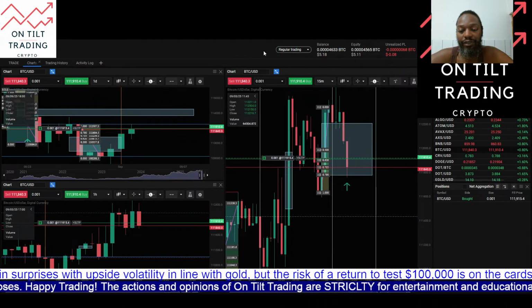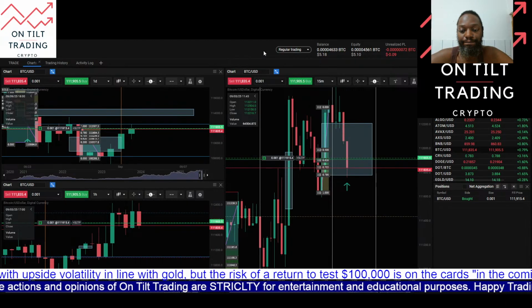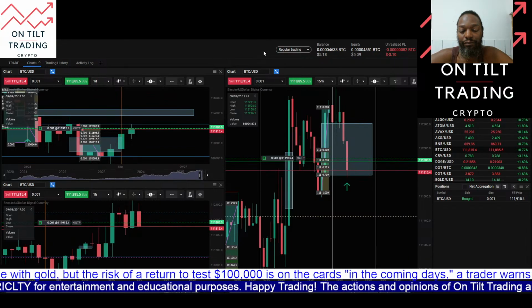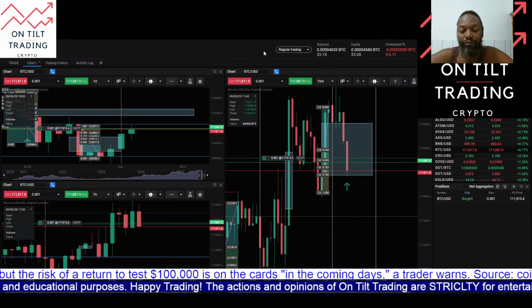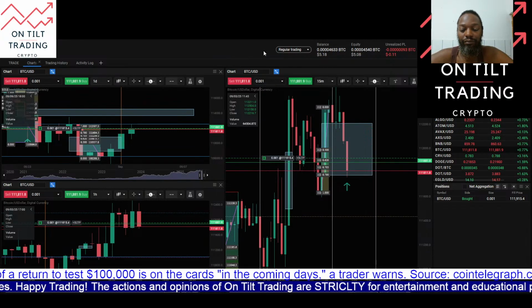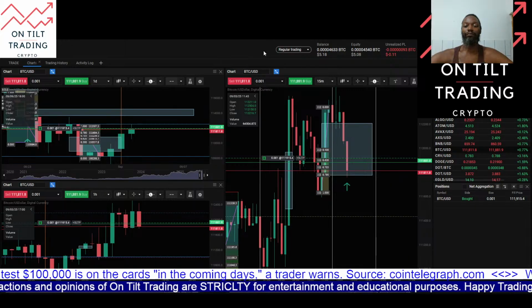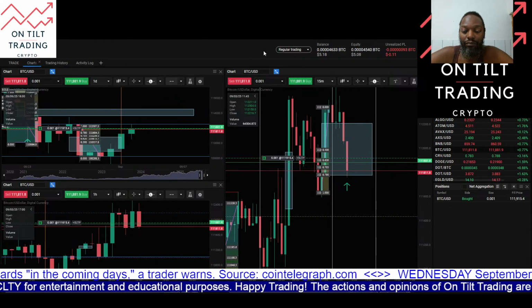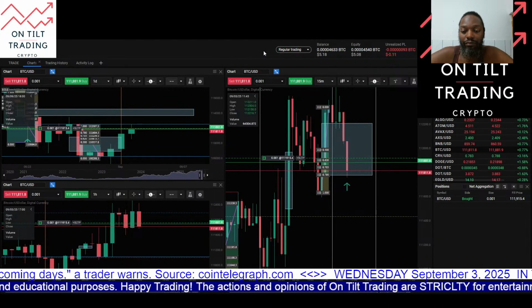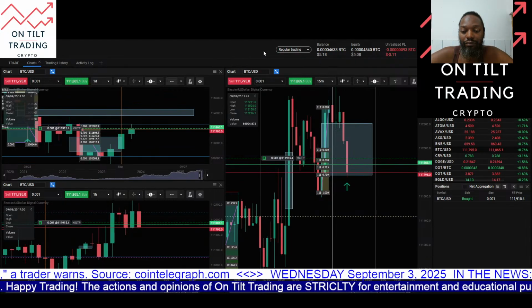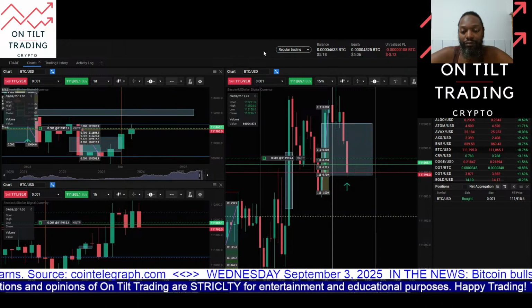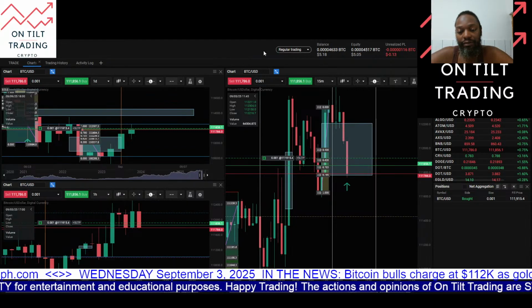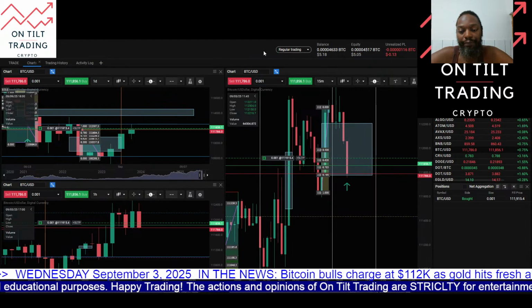And getting some sell side delivery here. So price still overall consolidating here inside the fair value gap.